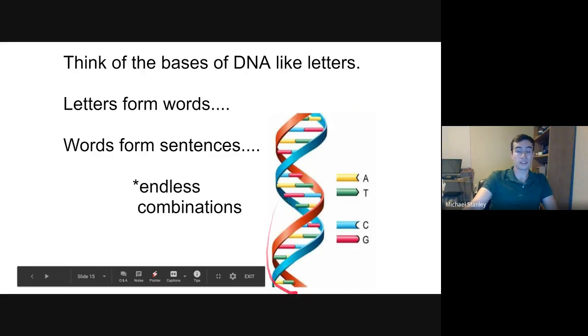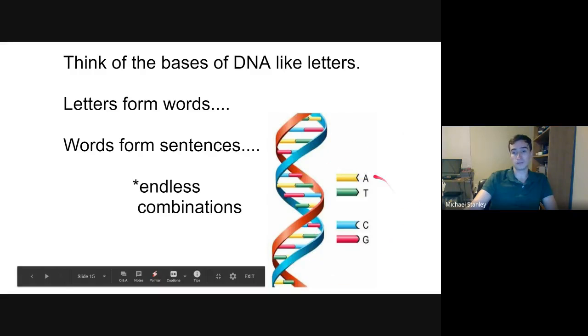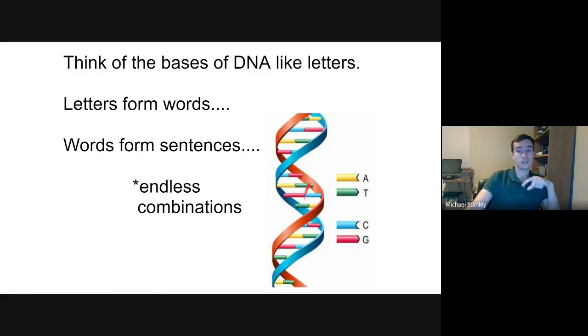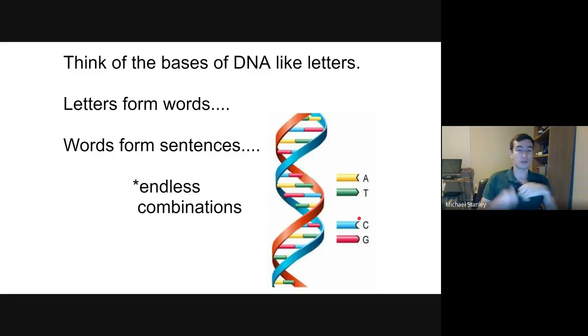The same concept kind of works for our DNA bases. A single gene might be hundreds or thousands of bases long. And so by changing up where your T's go versus where your G's go versus where your A's and C's go, just by changing up the order that they're in, you can create thousands of different proteins that are responsible for all sorts of different jobs and different responsibilities in your cells.